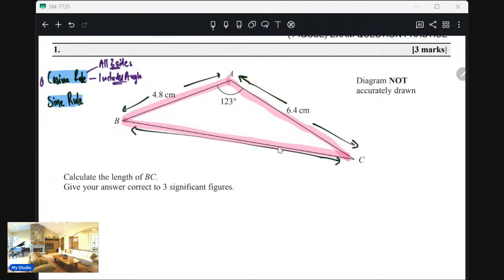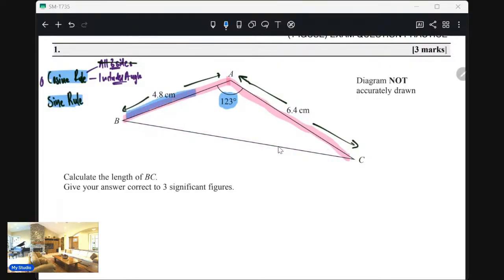So how can we say you have all three sides? We don't, right? We don't have all three sides. Okay, good. So all three sides, this one is out. We now check included angle. Do we have any angle inside? Oh, yes, we have 123. Oh, that's the angle. Yes. So check it. Is that angle of yours, that 123, is it included? Yes or no? Let's check.